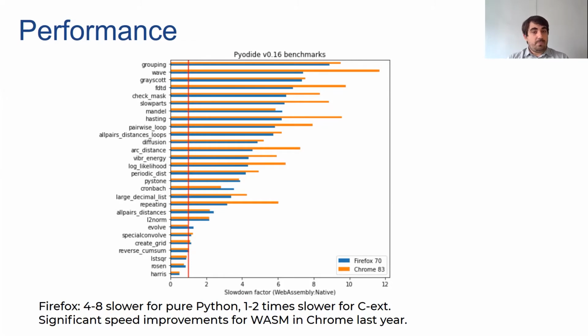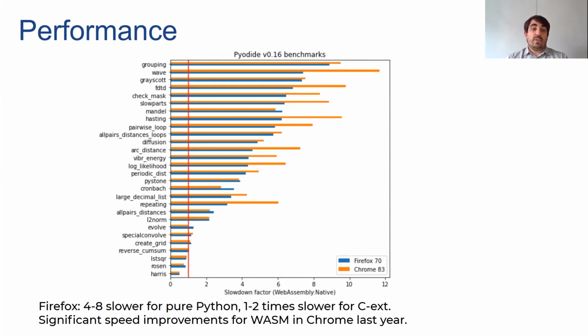So 1 is native performance, and you can see that the slowdown factor is between 1 and 10, let's say. And generally, what we see is that for pure Python benchmarks, we are 4 to 8 times slower, while for benchmarks that rely strongly on C extensions, for instance those that use a lot of NumPy operations, we are like 1 to 2 times slower.